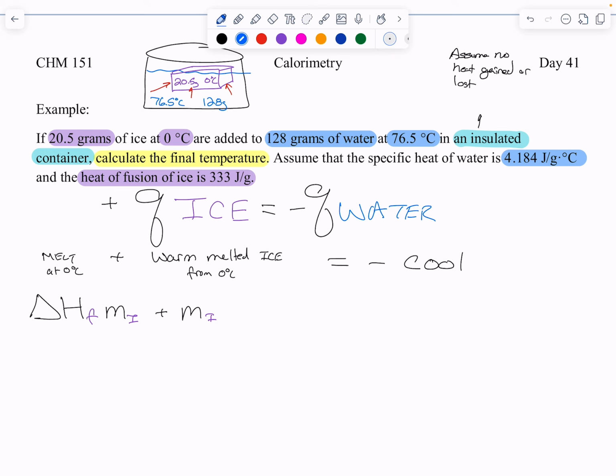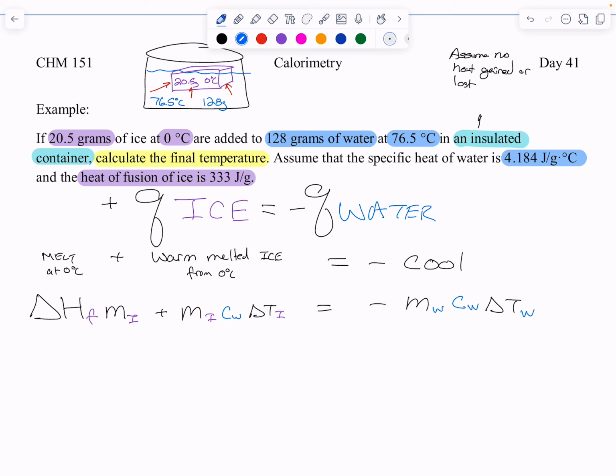Even though it was ice when we started at 0, it melts, it becomes liquid, so that means we need the specific heat of water. And then we need delta T of ice. And that's going to equal negative the mass of the water, specific heat of water, and delta T of the water. All right? So now I have my equation set up.